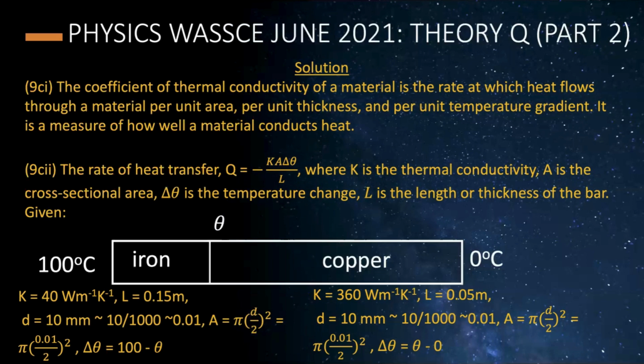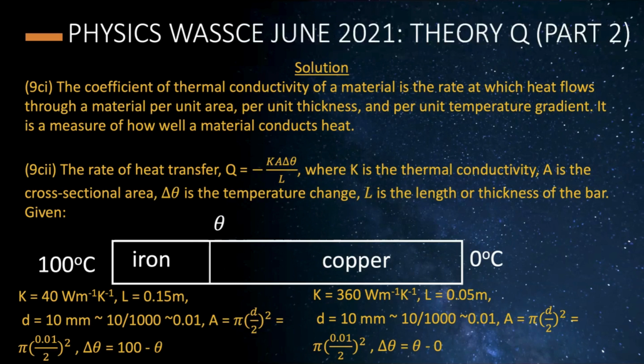Again, theta cannot be colder than 0 degrees. Most times for this type of temperature change, it has to be from the highest minus the lowest. You cannot do small temperature minus high temperature. It has to be high temperature minus low temperature. So with that understanding, for copper the change in temperature would be theta minus 0. I'm taking time to get into these nitty-gritties because this is where it can get messy.